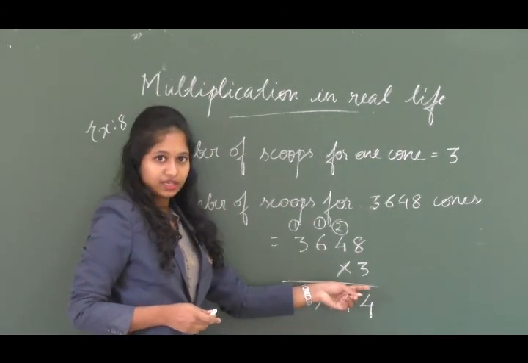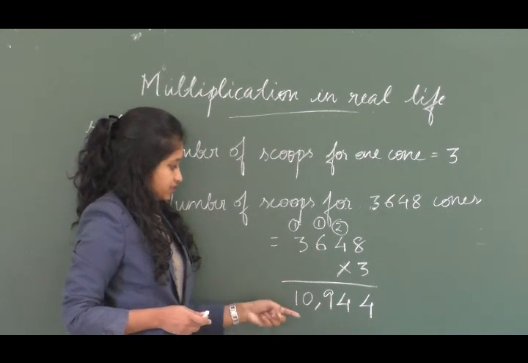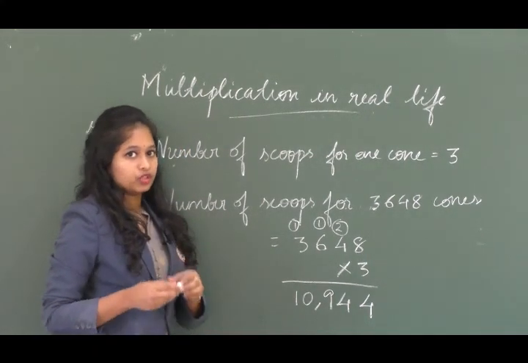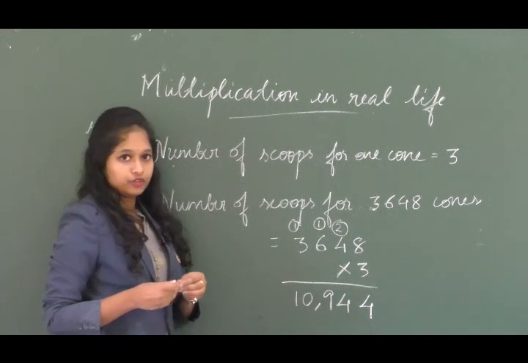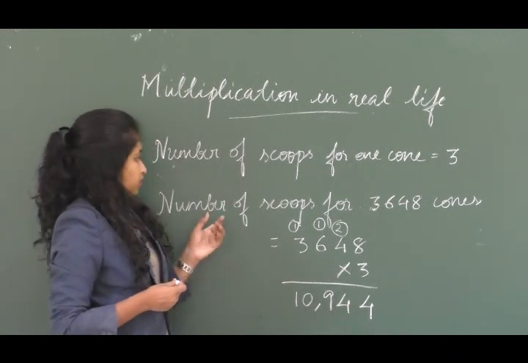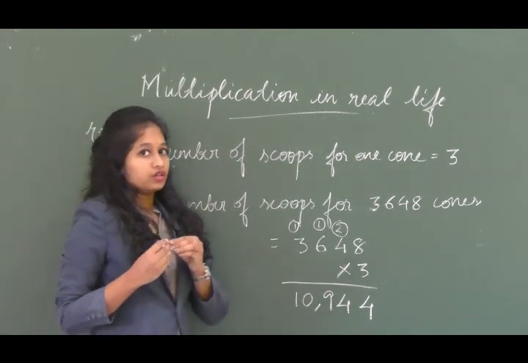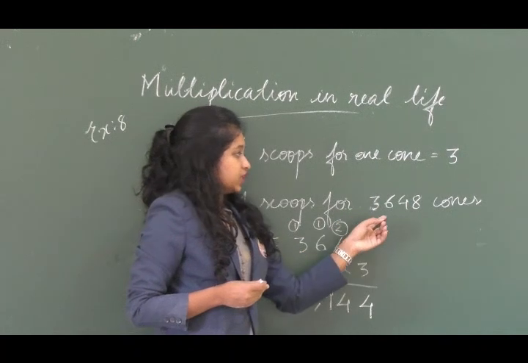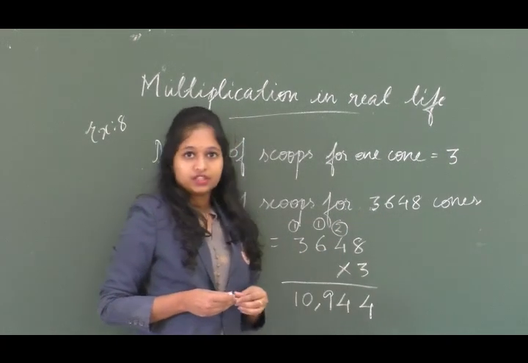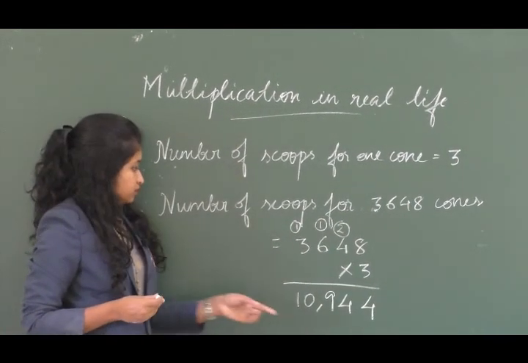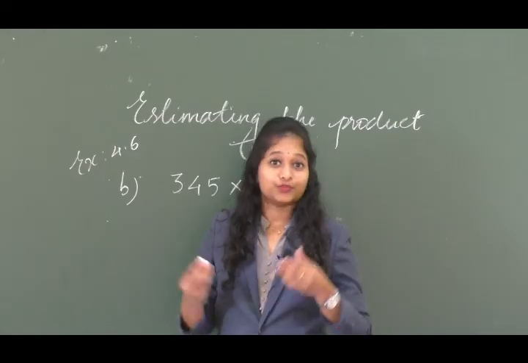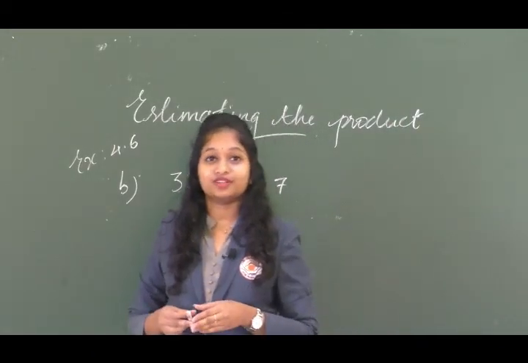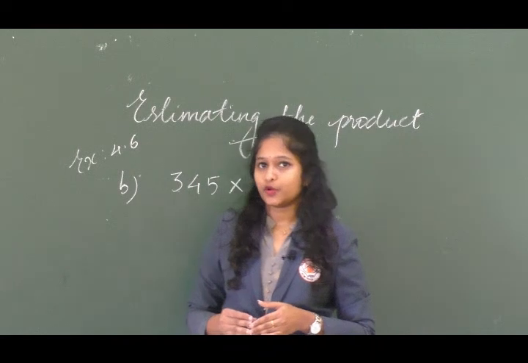Now 3 3s are 9. 9 plus 1 is 10. So the product is 10,944. So the number of scoops required to fill 3648 cones are 10,944. So we are in our last topic, that is estimating the product.